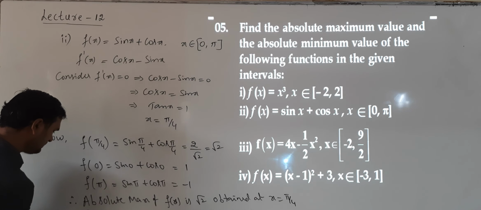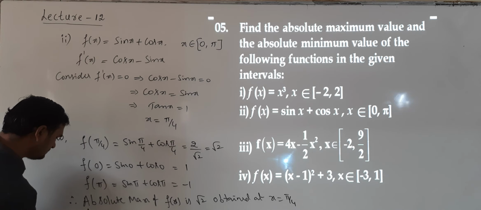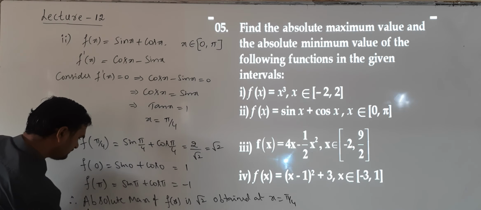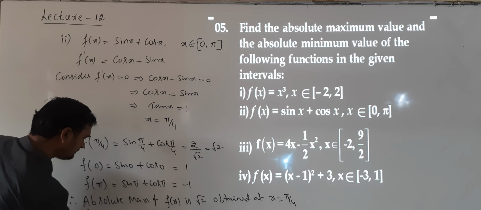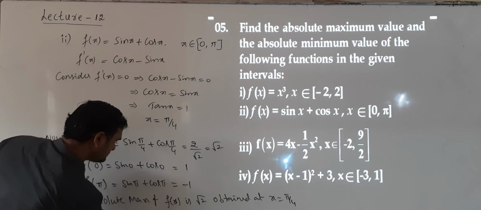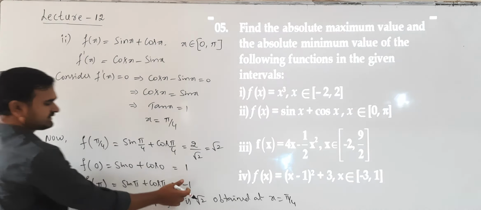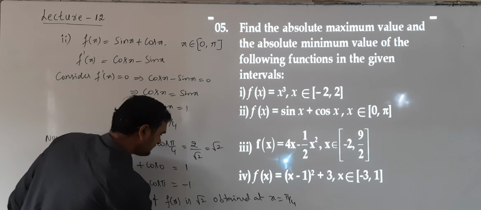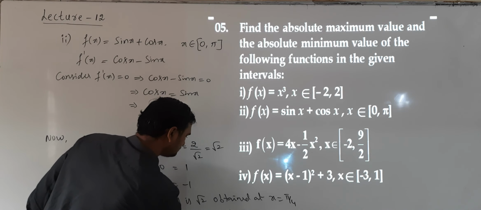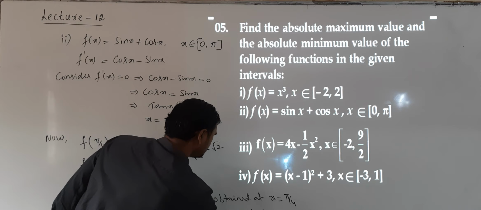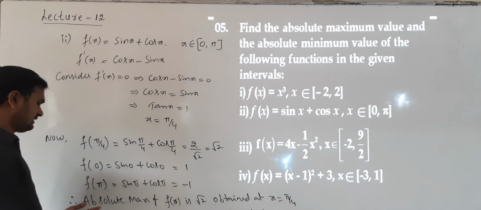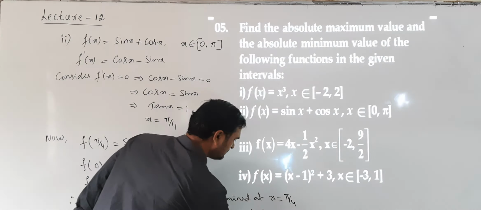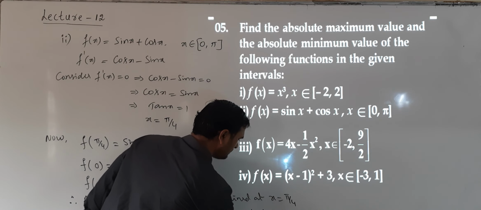Next, the absolute minimum of f of x: what is the minimum of all these? Minus 1, obtained at x equal to pi. At x equal to pi we are getting the absolute minimum, and the absolute minimum value is minus 1.